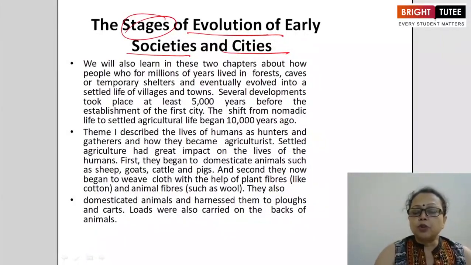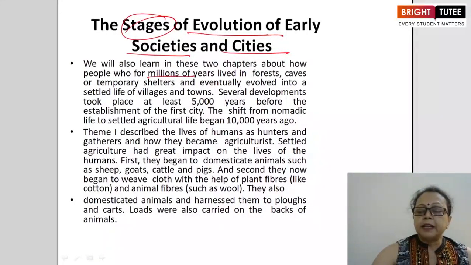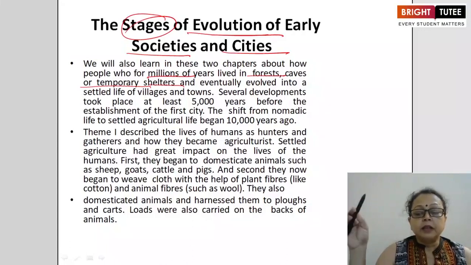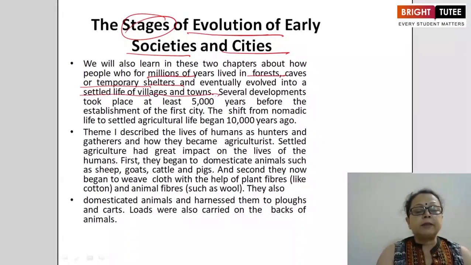We also learn in these two chapters how people for millions of years lived in forests, caves or temporary shelters. The concept of houses was not developed. Eventually, it evolved into a settled life of villages and towns. But gradual development is there.